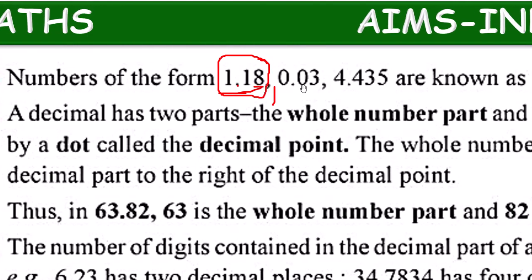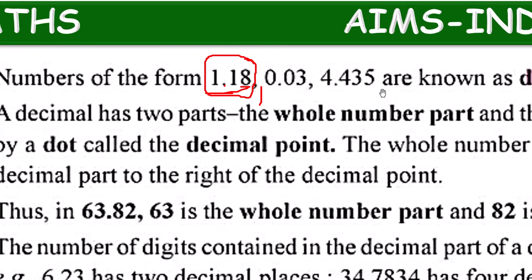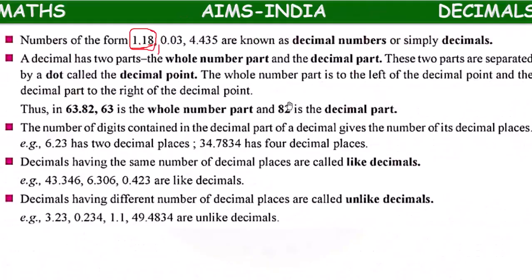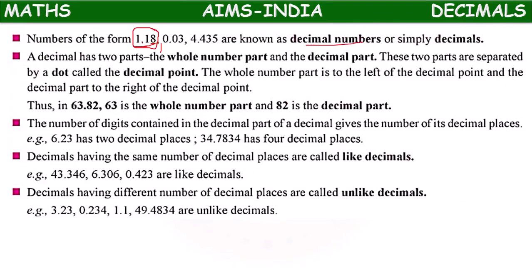Like 0.03, 4.435, we read them that way. These are all known as decimal numbers, or simply we can call them decimals. 1.18 is a decimal, 0.03 is a decimal, 4.435 is a decimal. All the numbers in this form are called decimal numbers or decimals.